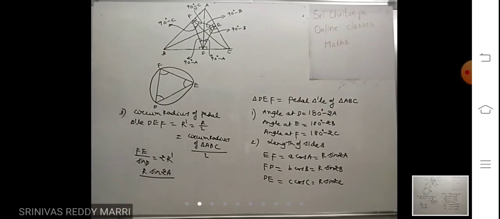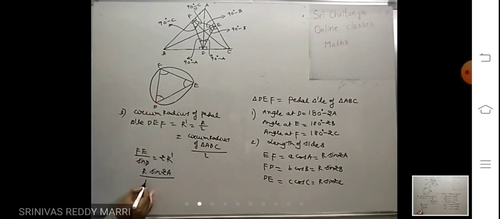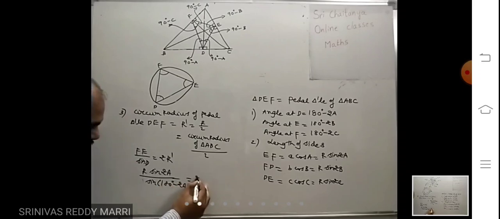R sine 2A divided by sine D. What is angle D? It is 180 minus 2A. So sine of 180 minus 2A, and sine of 180 minus theta is the same as sine theta, so this is nothing but 2 into R dash.